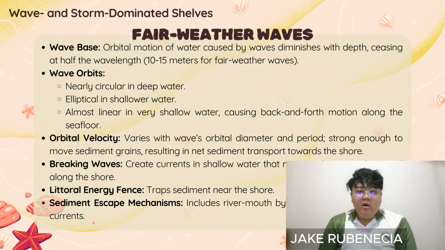Additionally, orbital velocity is usually stronger in one direction, which becomes significant when these stronger flows move sediment grains, leading to net sediment transport in that one direction. Since the fair weather wave base is shallow, sediment movement by these waves occurs mainly on the innermost shelf and is primarily towards the shore.